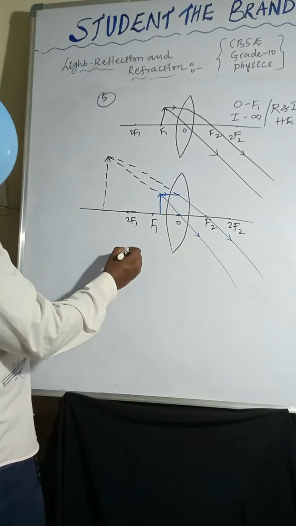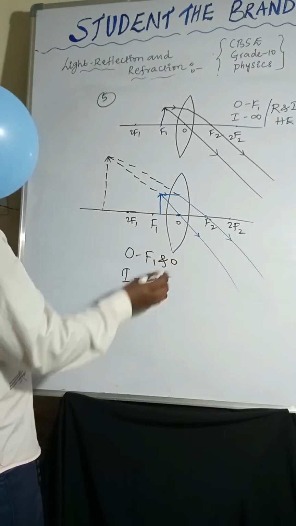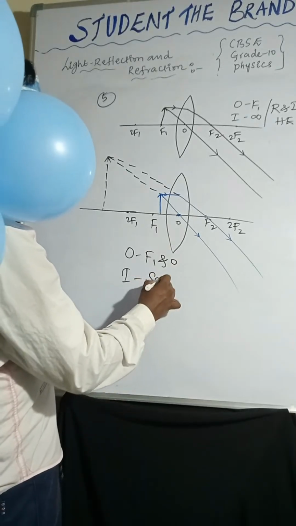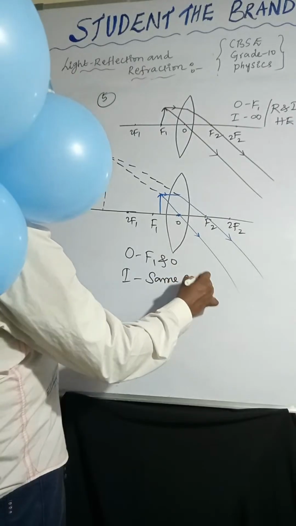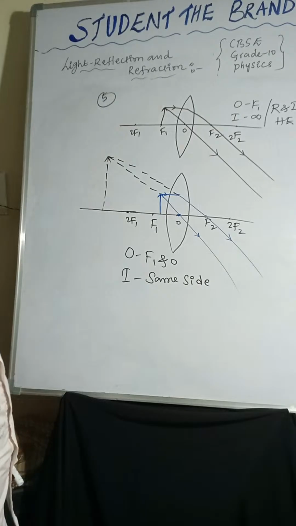Okay. Object is placed between F1 and O. Image is forming on the same side of the object.